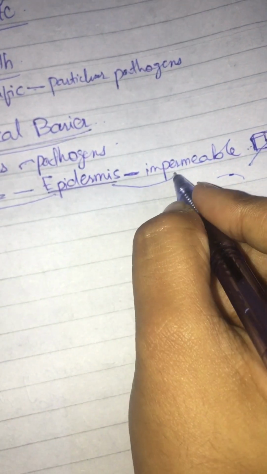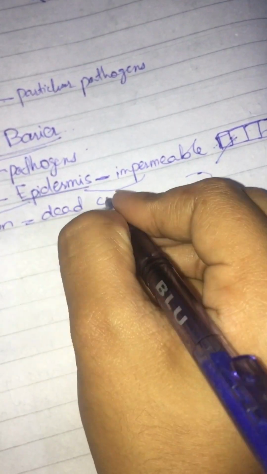Skin is made up of three layers: epidermis, which is impermeable and does not allow bacteria to grow in our body. After that we have keratin, which is known as dead cells. These are proteins that do not allow bacteria to go inside our body.